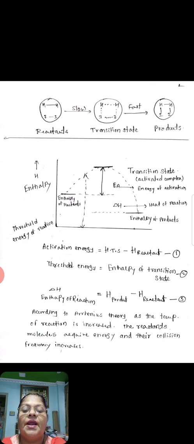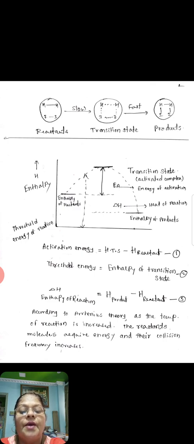At the top is the transition state, at the bottom the enthalpy of the products, and above that the enthalpy of the reactants. Activation energy is equal to H of transition state minus H of reactant. Threshold energy is equal to the enthalpy of the transition state. Delta H is the enthalpy of the reaction, H of product minus H of reactant.